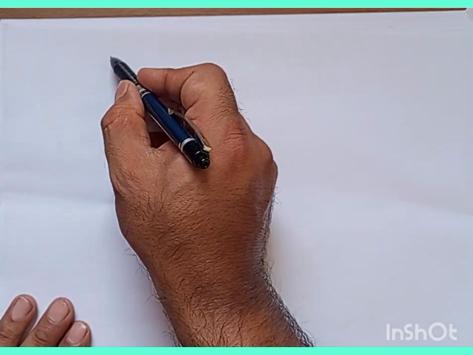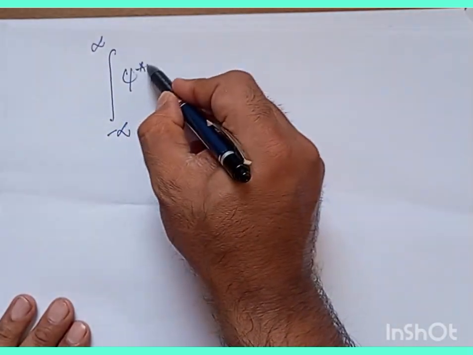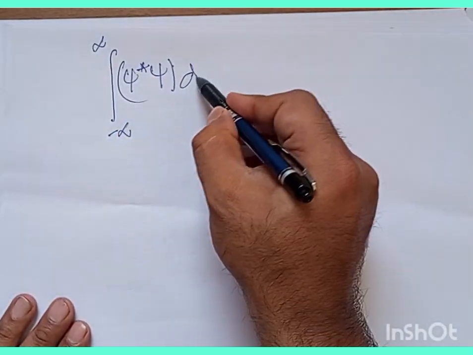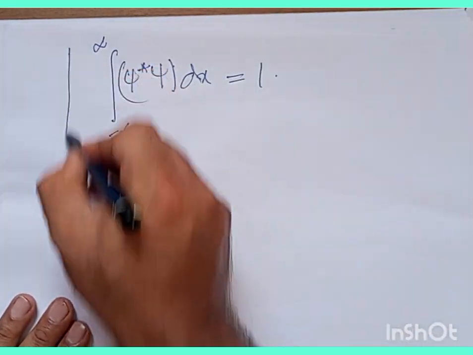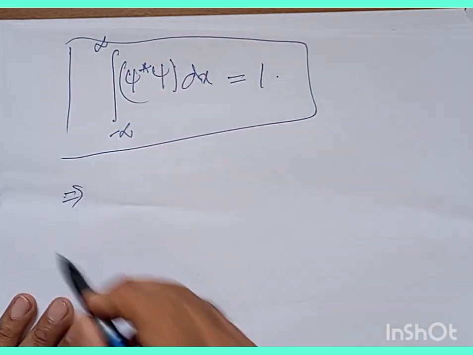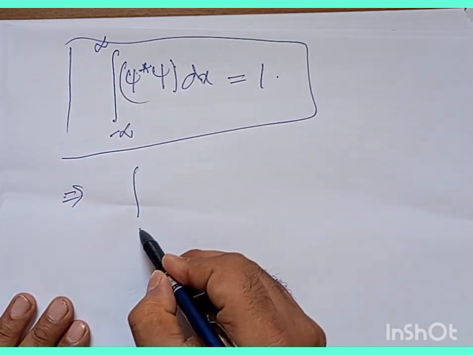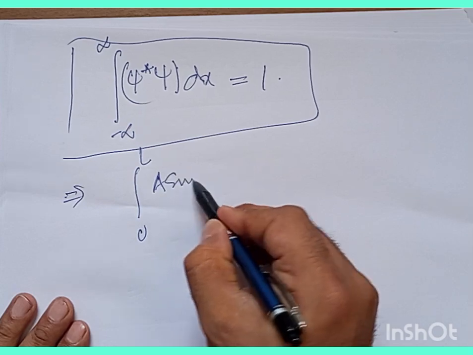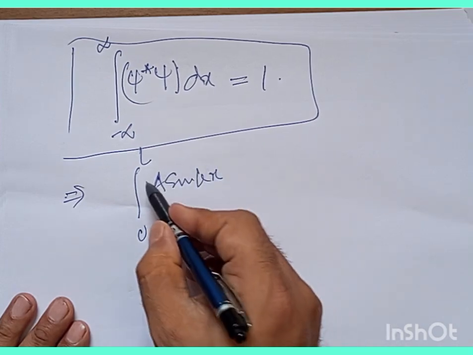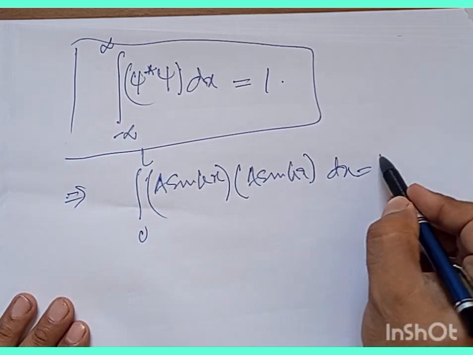What is the normalization condition? If we have a wave function and its complex conjugate, over this length the probability of finding this particle over this entire length must be equal to 1. Now we can extrapolate this equation to our problem, where we have the limit from 0 to L, and for psi we have a sin kx times a sin kx dx equal to 1.